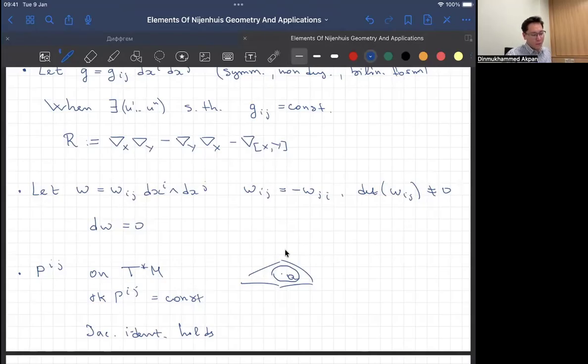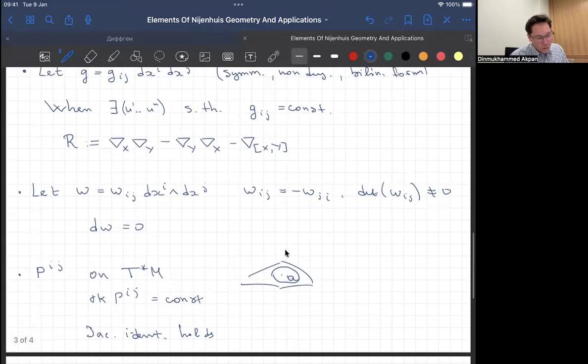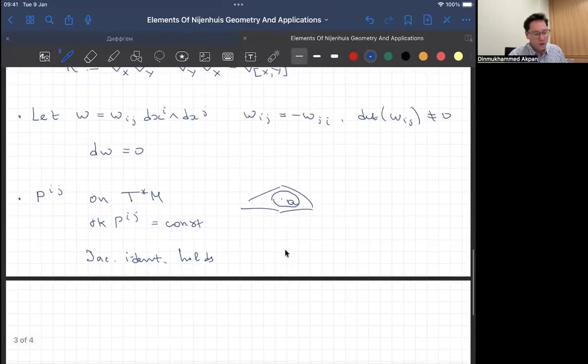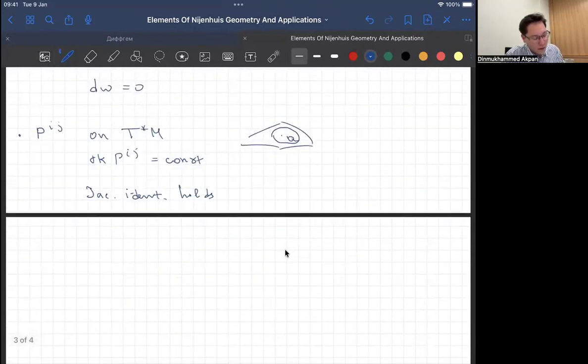And you can notice that we are studying tensorial fields of rank 2. A metric is a tensor of type (0,2). A Poisson structure is a tensor of type (2,0).